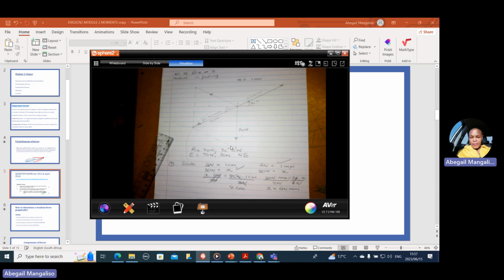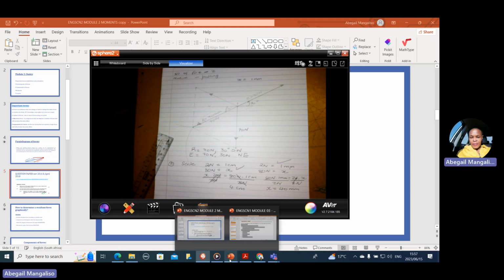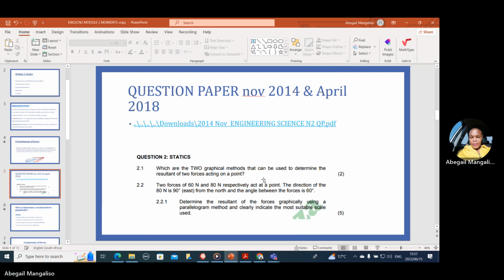Now let's look at this sketch. The question says the 80 newtons is 90 degrees east from the north. So from the Cartesian plane, this will be your classwork.